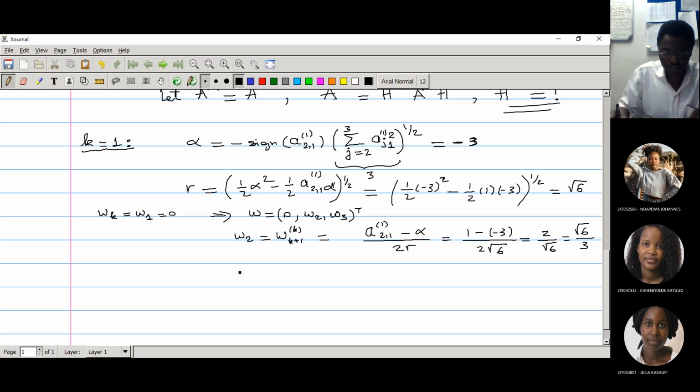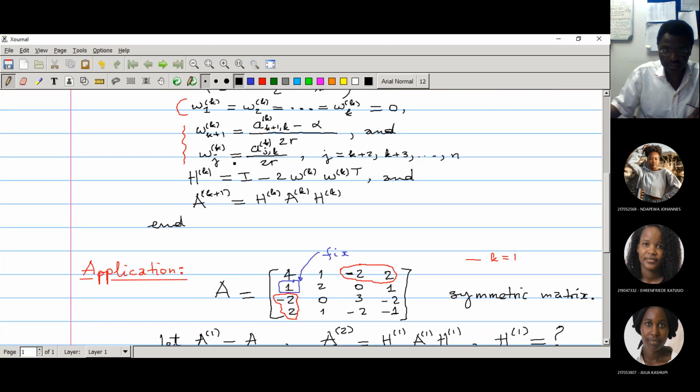Now W3. What is W3? Remember that for this W3 we have this formula, and 3 is in fact n, right? It will be this same entry by 2R. So we remove the alpha. We just remove this alpha from the above.